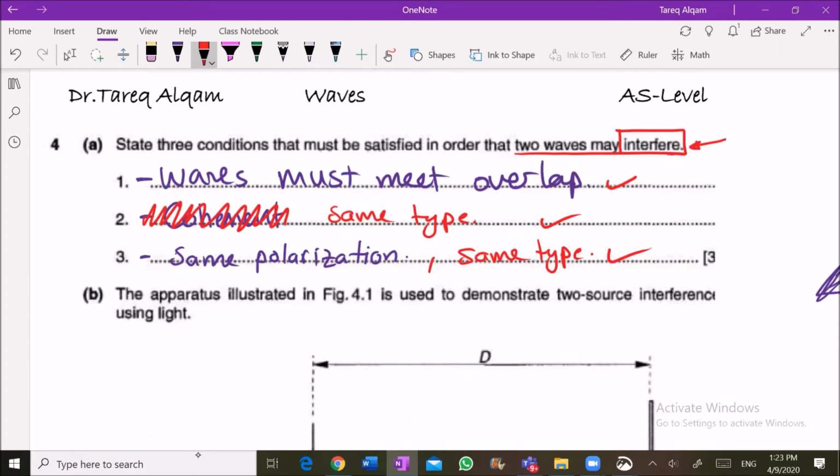Can you define coherent? Coherent means two waves that have the same phase shift, or waves outgoing from the source with the same phase shift. Let me give you an example of a coherent source, like a gate. Some guys are outgoing from this gate.